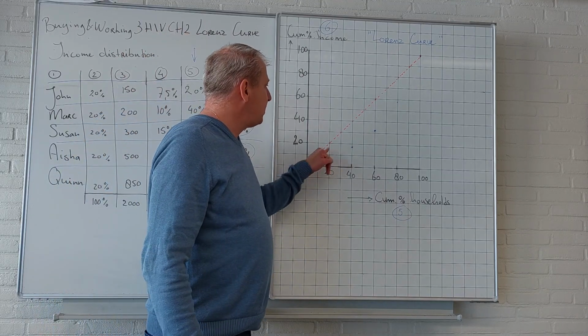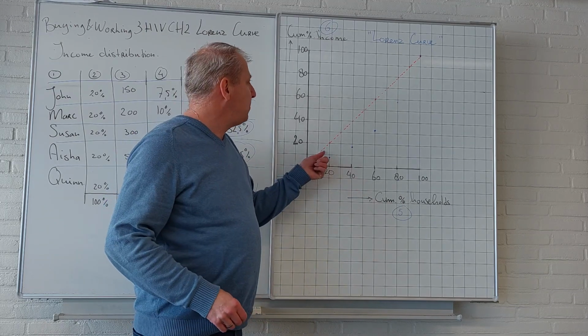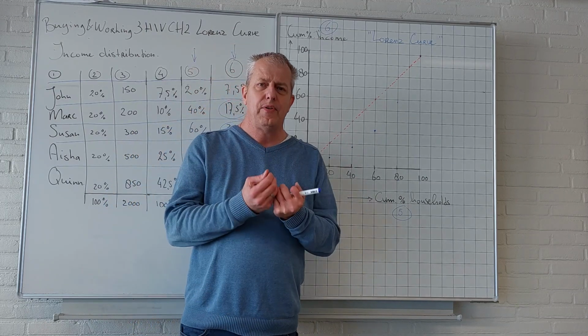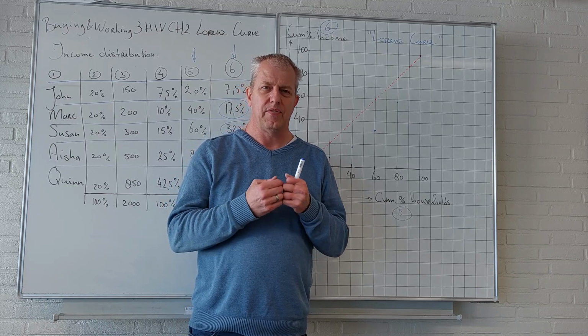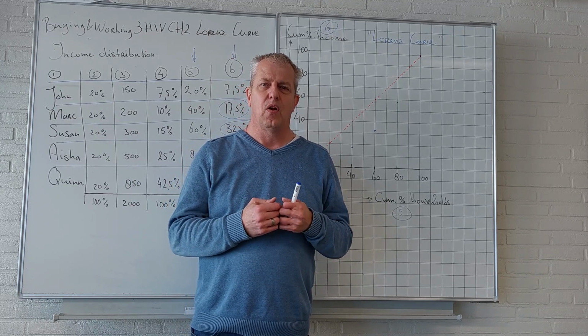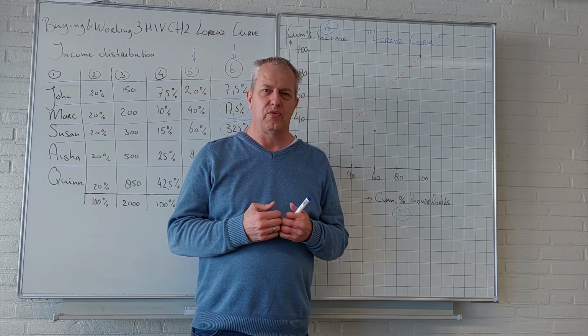In a red dotted line, I put a straight line in. This line would represent the Lorenz curve if everyone would earn the same amount. Yes, so if everyone earns the same, the Lorenz curve would be a straight line. But it's almost never a straight line.